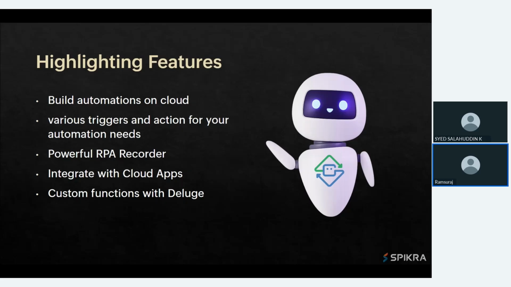And you have an RPA recorder. One of the most user-friendly features is the RPA recorder. It lets you record your screen interactions and automatically convert them into Zoho RPA flows. For example, I need to upload an invoice into some tool.